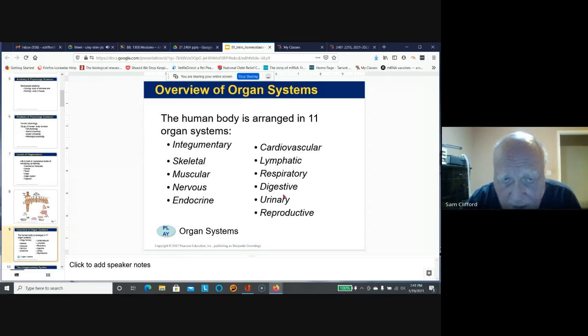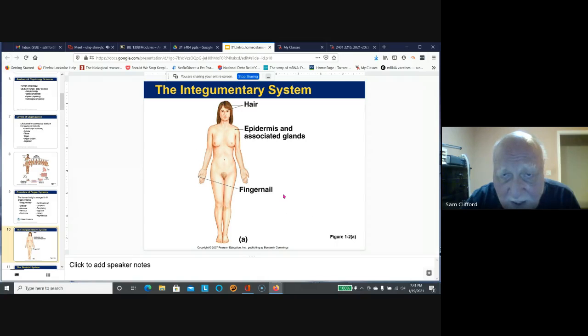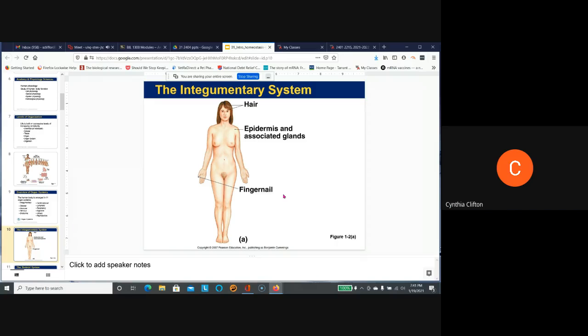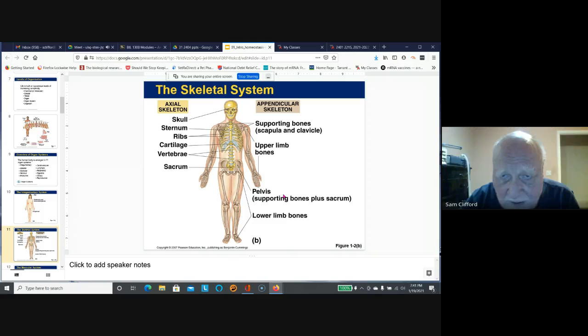We'll talk in this class, we're going to talk about skeletal, muscular, nervous, and integumentary. AMP2 covers the rest. Okay, the integumentary system is all your skin. Skeletal system is them bones, them bones. You got a bunch of bones.